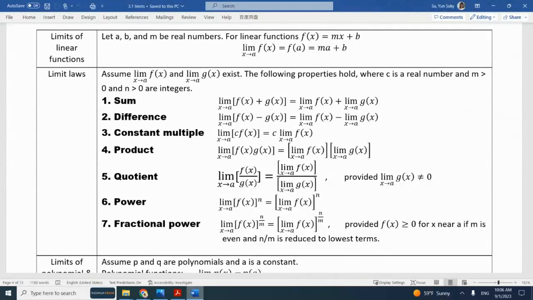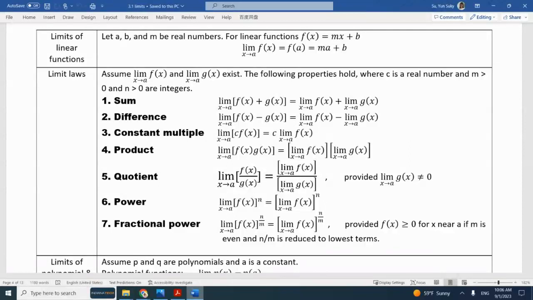Okay? So, for example, if you have something like the limit of x squared over x, well, when x goes to 0, you cannot move the limit to the top and move the limit to the bottom.